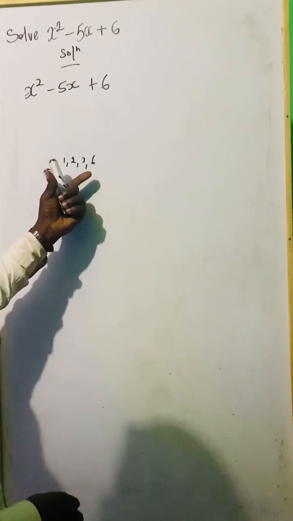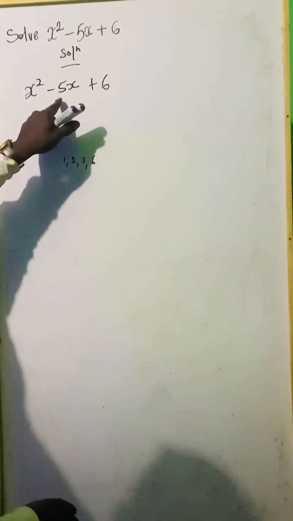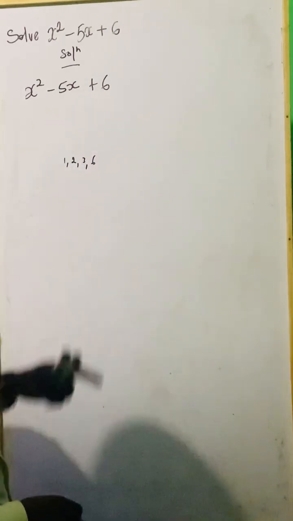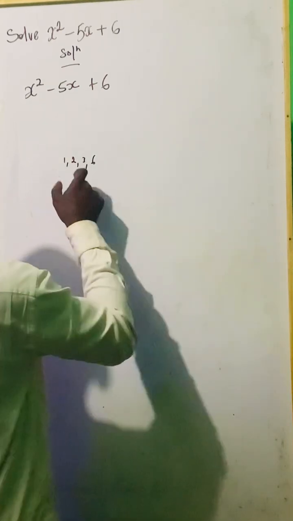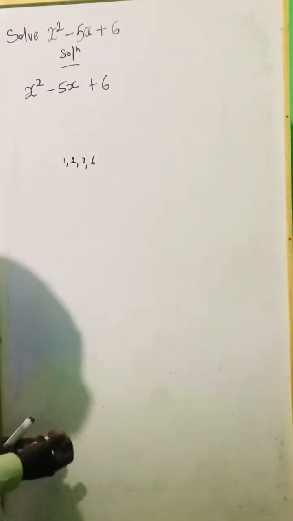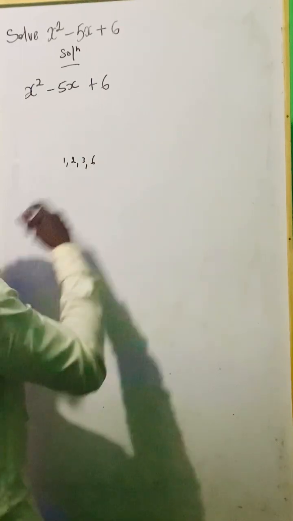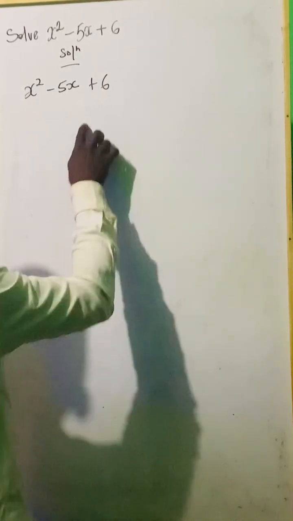Let's pick two of these factors, for which when we add them, we get negative 5, and when we multiply them, we get 6. Looking at 1, 2, 3, 6, which of these factors can we actually use? Well, let's just pick 2 and 3, so that we do it faster and go for some more questions.